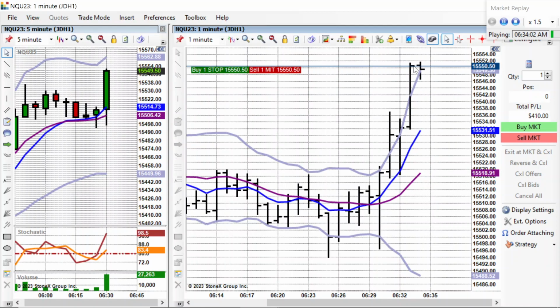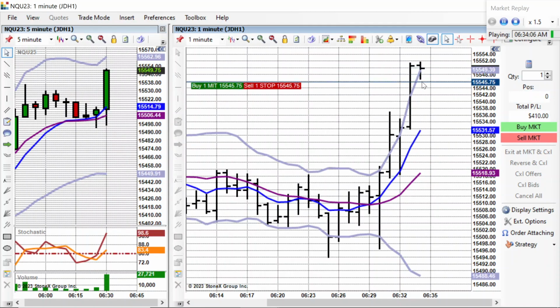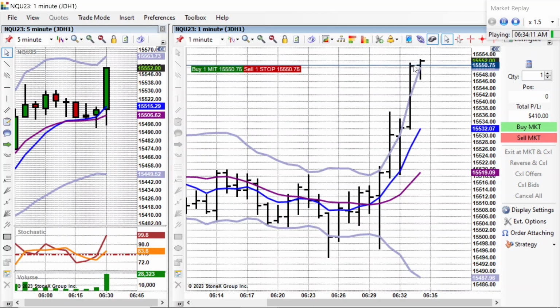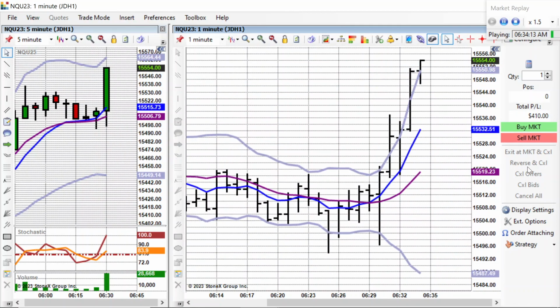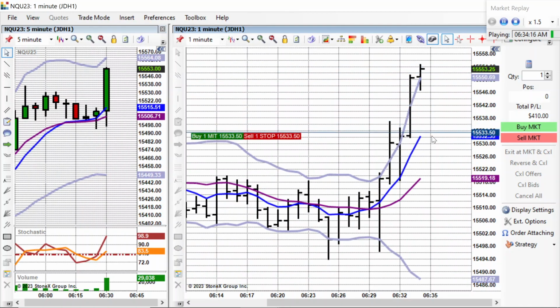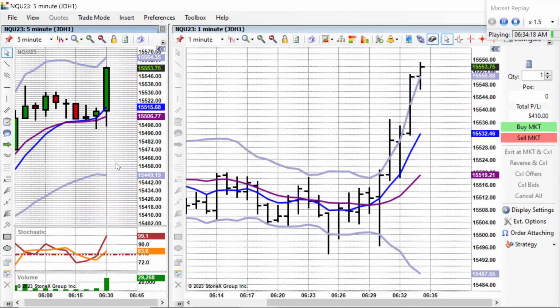Now we've got a close outside the upper Bollinger Band. In a trend, that's not as significant, but if the market were sideways, I'm really watching for those closes outside the upper Bollinger Band to start indicating a bounce in the other direction.